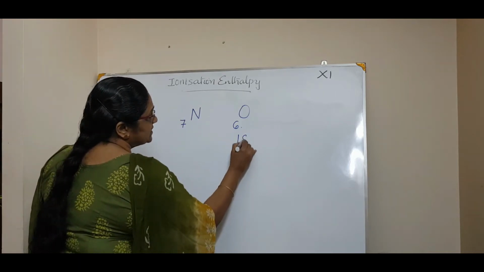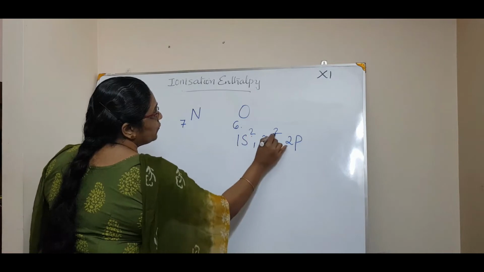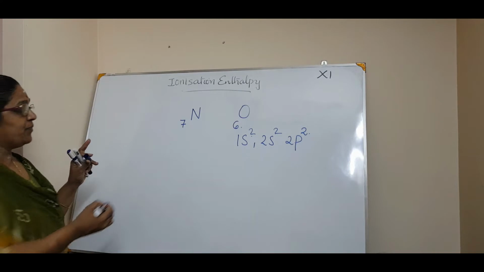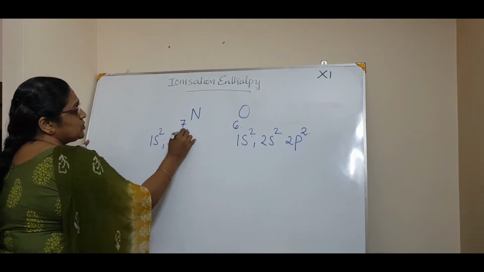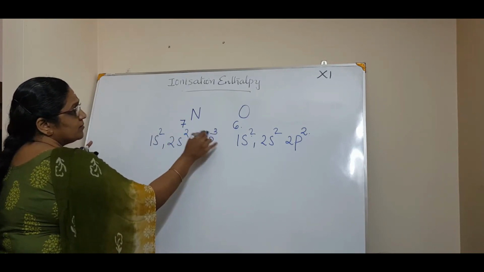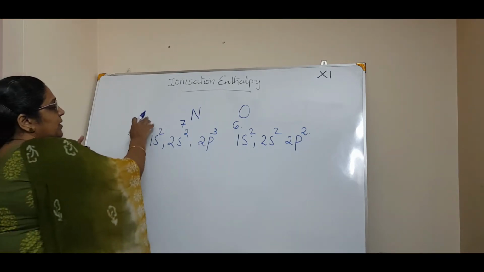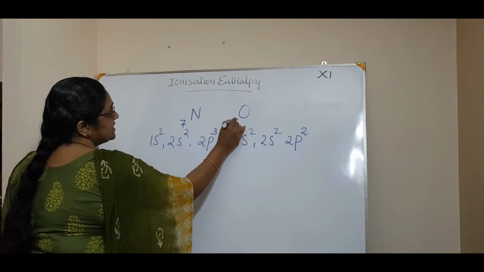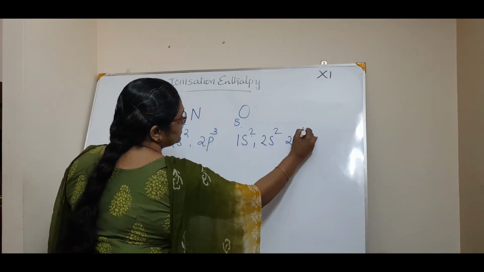Nitrogen is 1s2, 2s2 and 2p3. Oxygen is 1s2, 2s2 and 2p4.